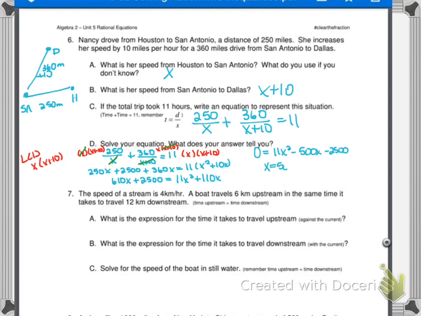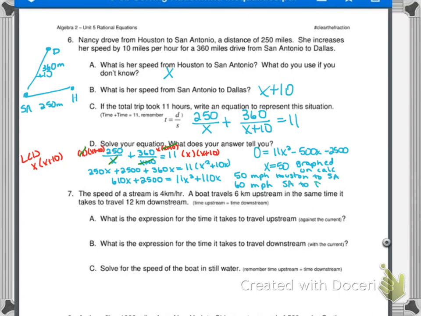One of the points was negative and one was positive, so I knew it had to be the positive one. So I knew that x was 50. At this point I knew my best option was to graph on the calculator, because that's such a big quadratic. If you have questions on graphing on the calculator, let me know. So it's 50 miles per hour from Houston to San Antonio, and then 60 miles per hour from San Antonio to Dallas. So that is that problem.